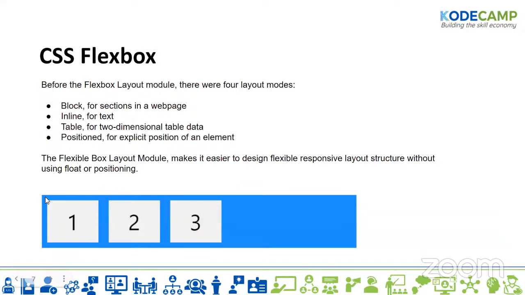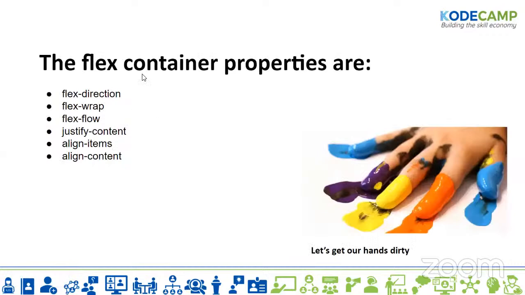You have to set the property, display of flex, for this. When it displays flex, it's able to affect the items that are inside. On that flex container, these are the things you can do with it: you can set a flex direction, a flex wrap, a flex flow, justify content, align items, and all.